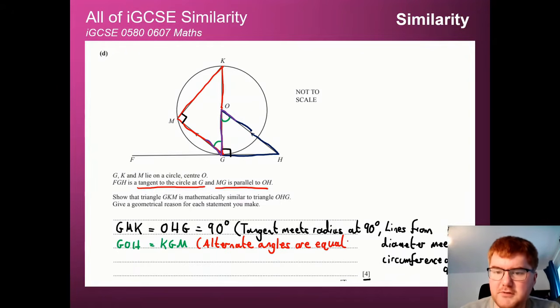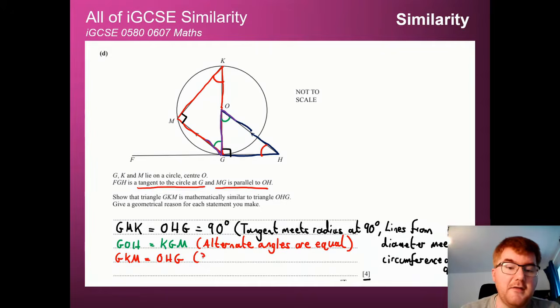So it's really important you put these very clear reasons down as you go. So if 2 angles are the same, then it stands to reason, if we look at the very last angle that we haven't considered here, these 2 must also be the same as well. So GKM is equal to OHG. Now, there's a couple of reasons you can put for this.